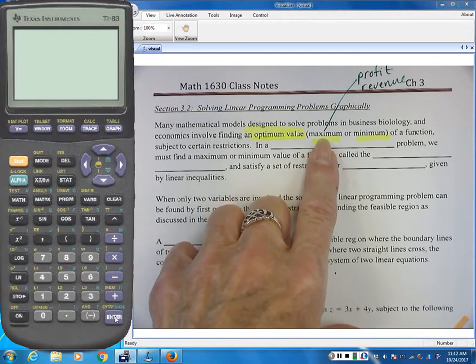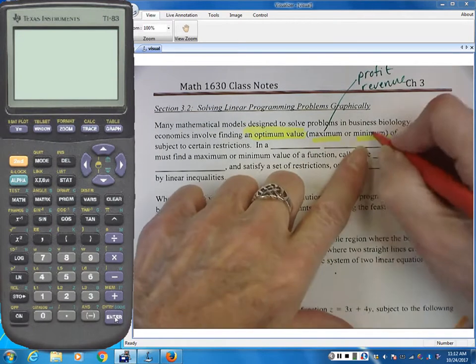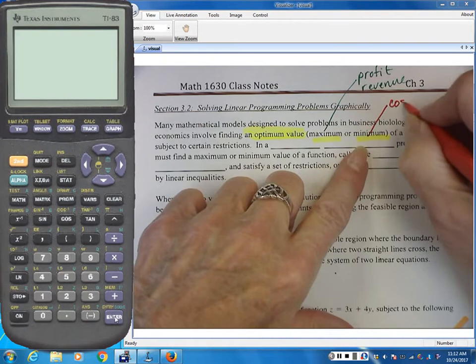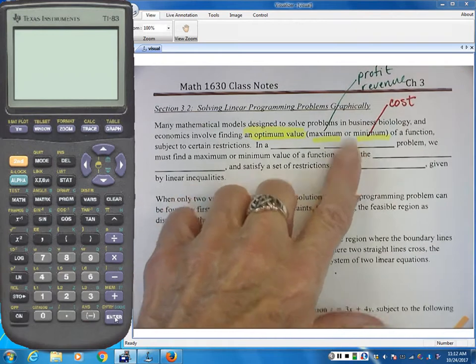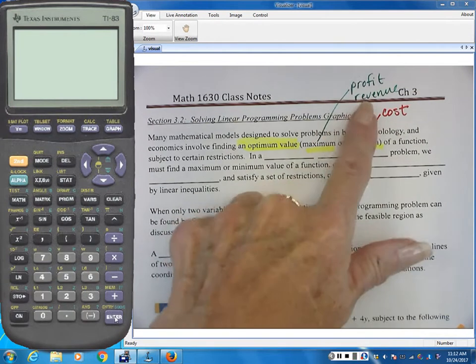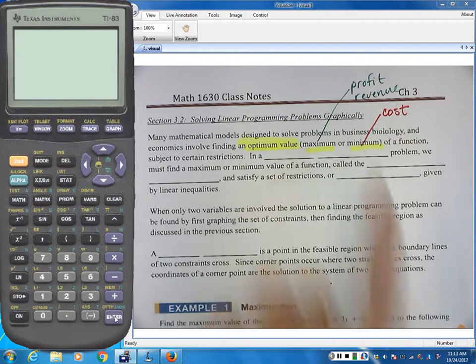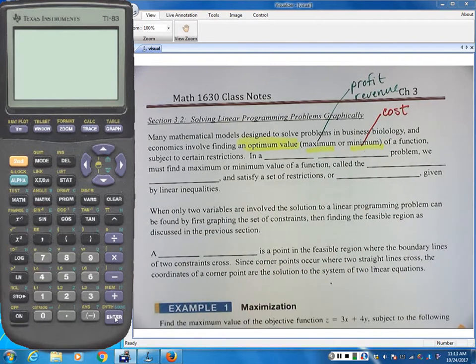That's money for me. But if I'm talking about cost, I want to find the minimum value for the cost of whatever it is that I'm making so that I will have more of this. So I'm going to want to minimize that as much as I can without losing quality of my product. Okay?